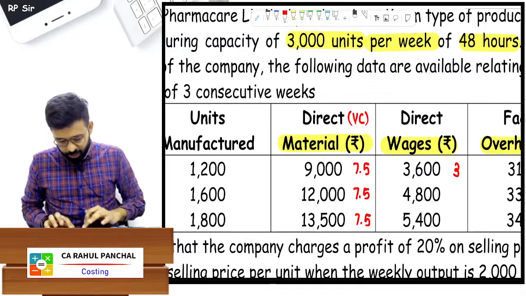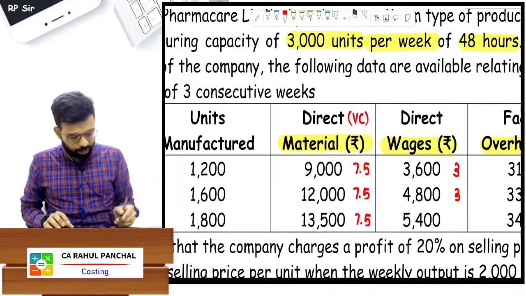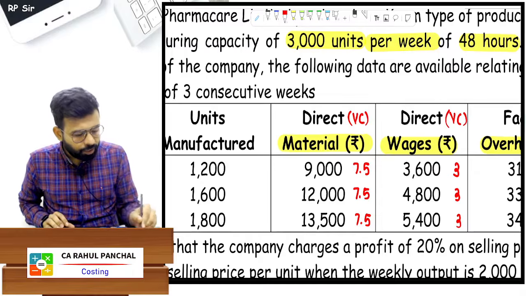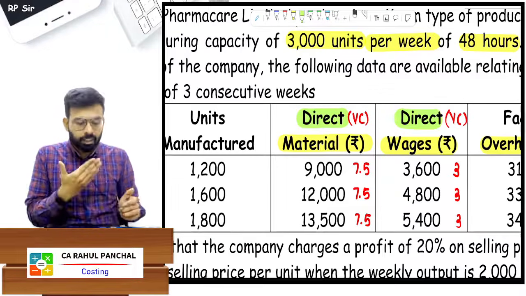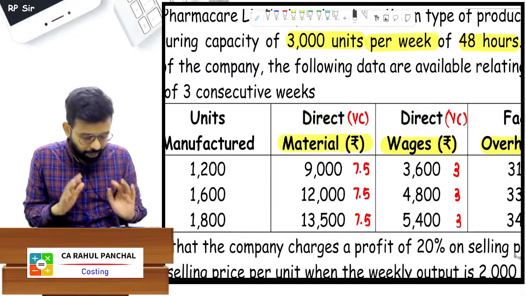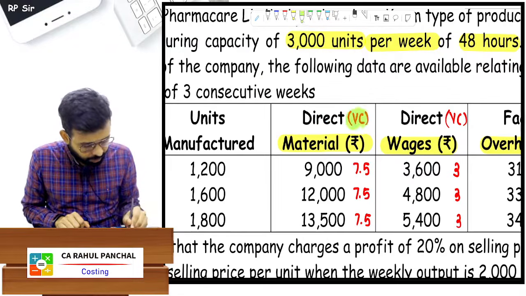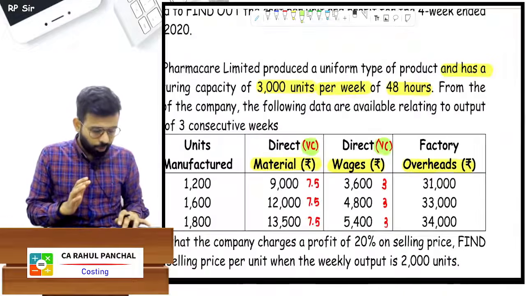Again 1600 into 3, it tallies. 1800 into 3, it tallies, 5400. So it is also variable cost. Very easy. There was a hint also: it was written as direct. If something is direct, it means it will be variable only. But we have calculated and understood that yes, this is variable, this is also variable. Now let's talk about factory overhead.